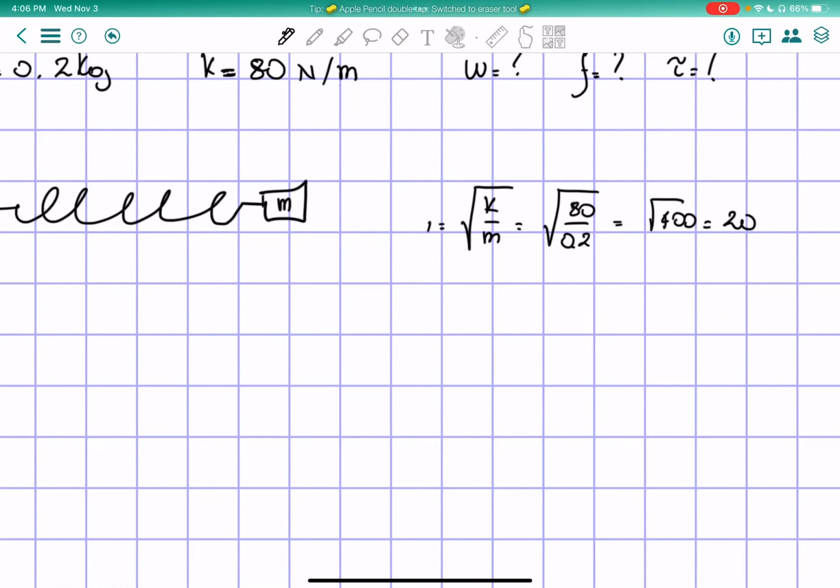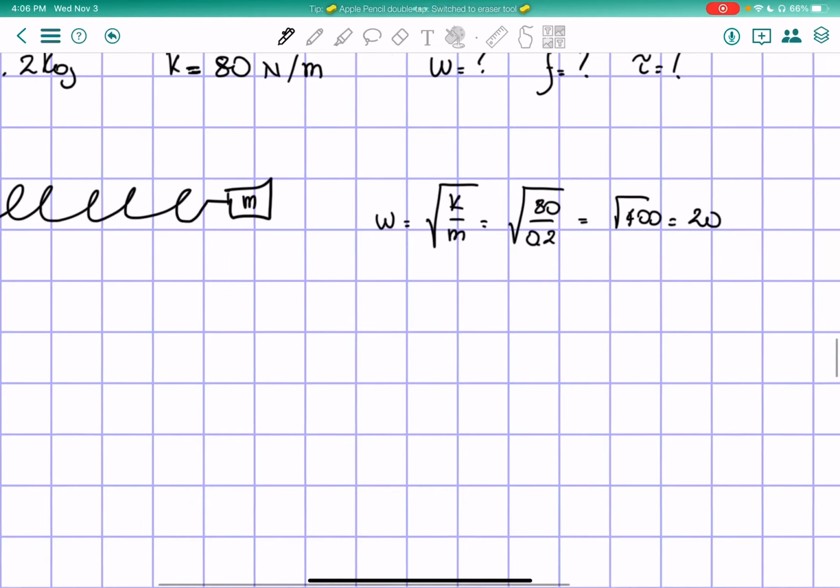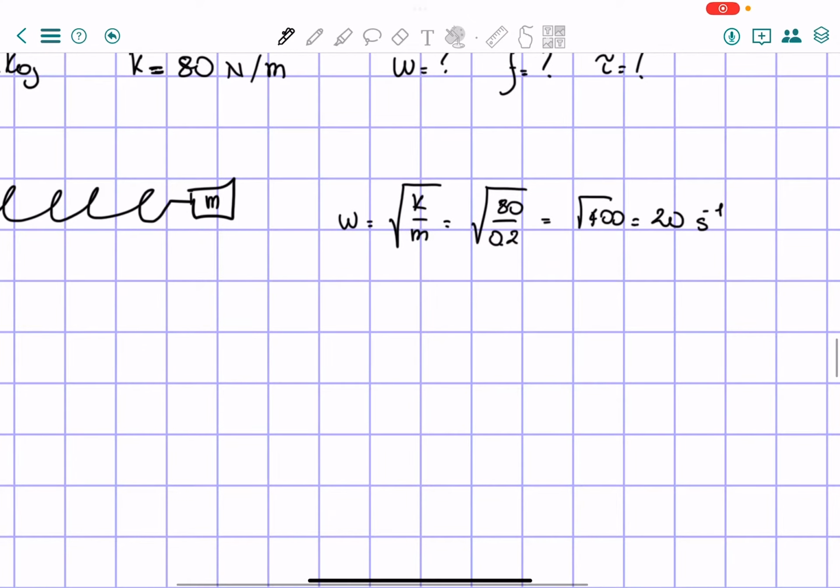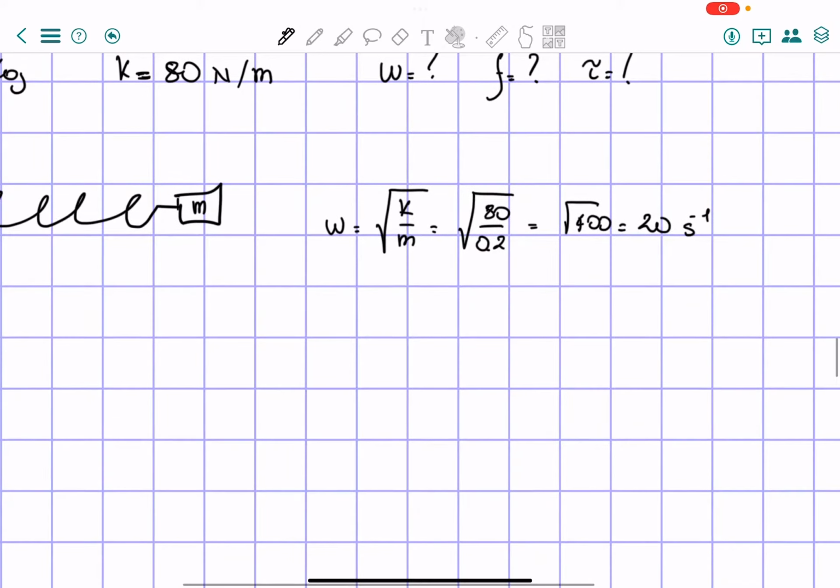That's 20 seconds to the power of negative 1. Then we have frequency, that is angular frequency over 2 pi, which is 20 seconds to the power of negative 1 divided by 2 pi, which is about 10 over pi seconds to the power of negative 1.